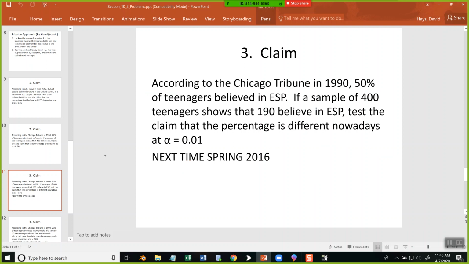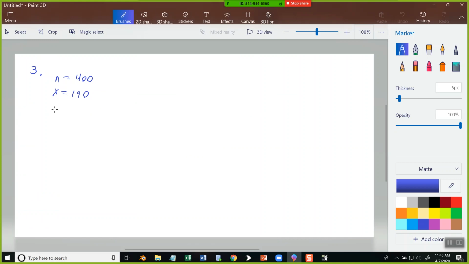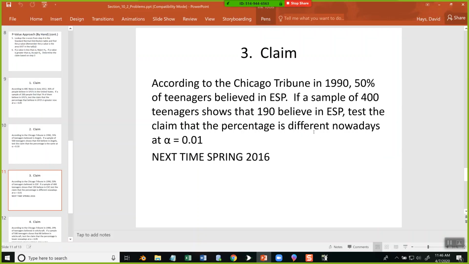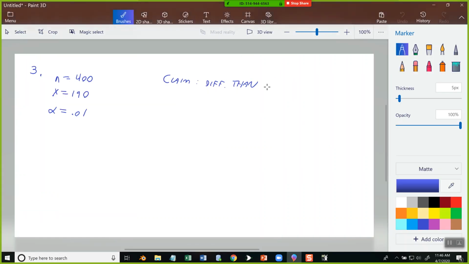Test the claim that the percentage is different nowadays, with alpha equal to 0.01. They're talking about different than 50%, and I'll put that into decimal form like that. And that's all our information.